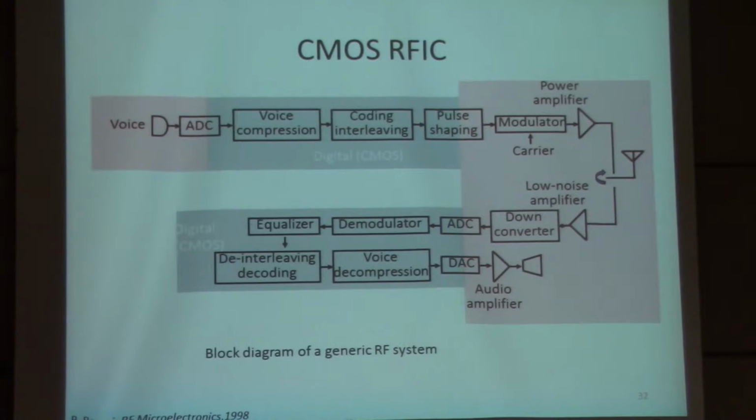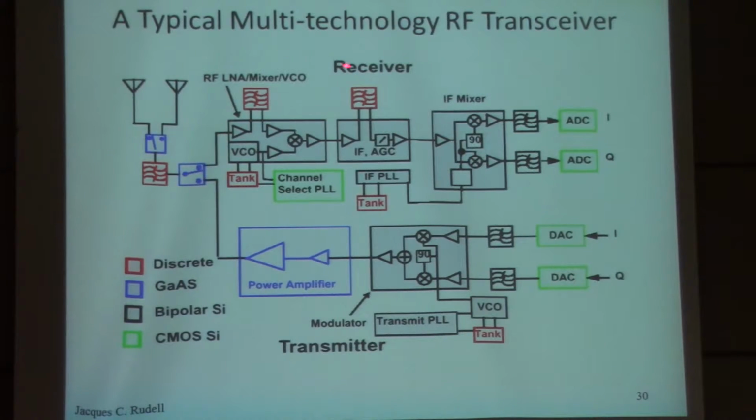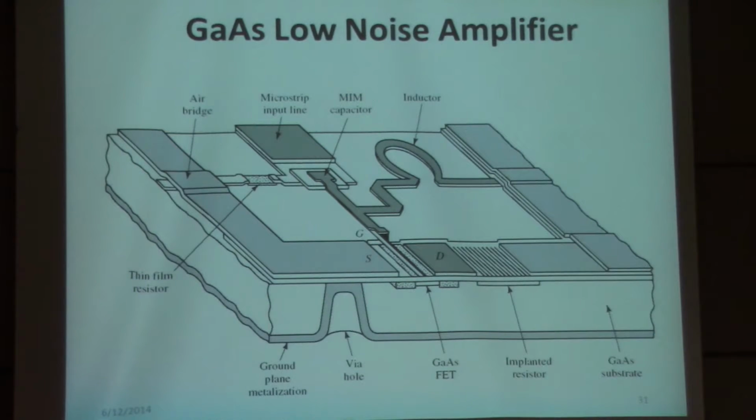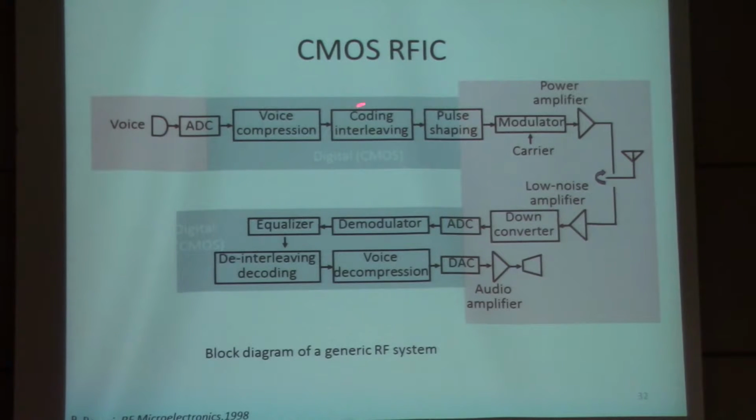And more recently, you can implement the whole transceiver in just CMOS technology. Okay, silicon. You don't use gallium arsenide at all. And including the antenna, on a silicon wafer, very small. So you use zigzag lines there.